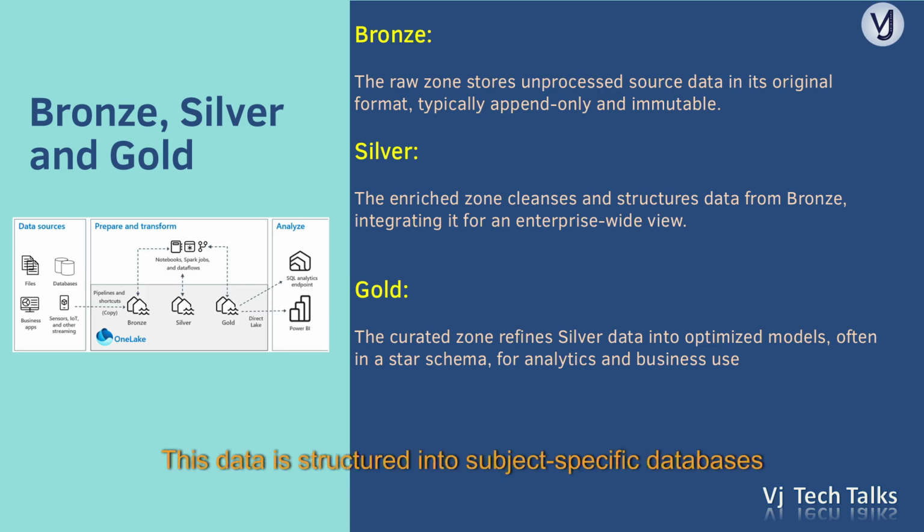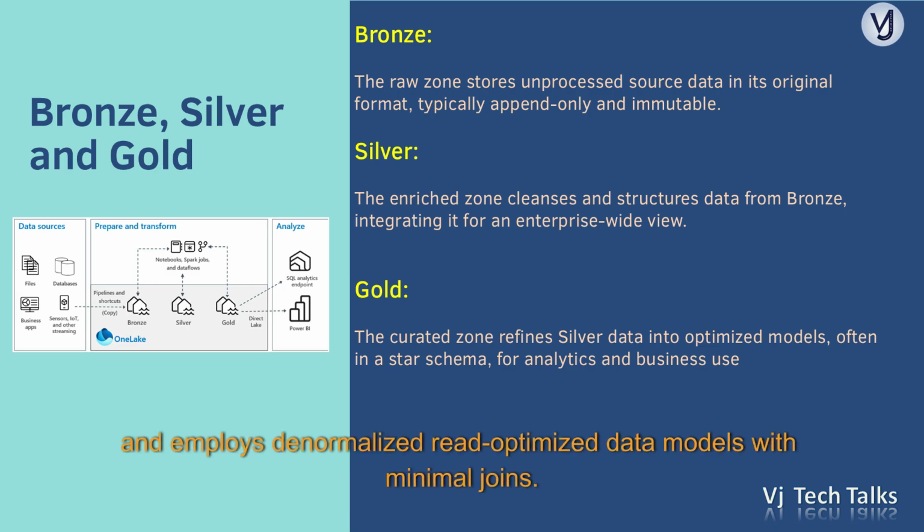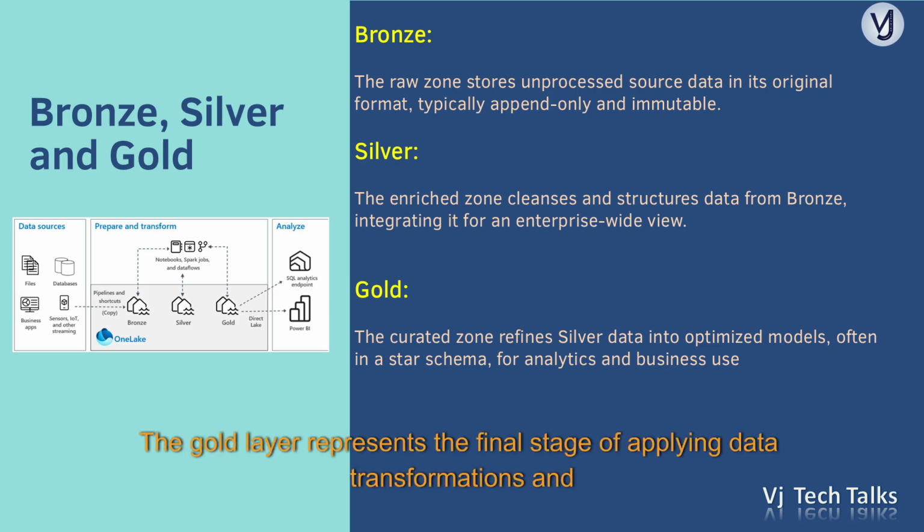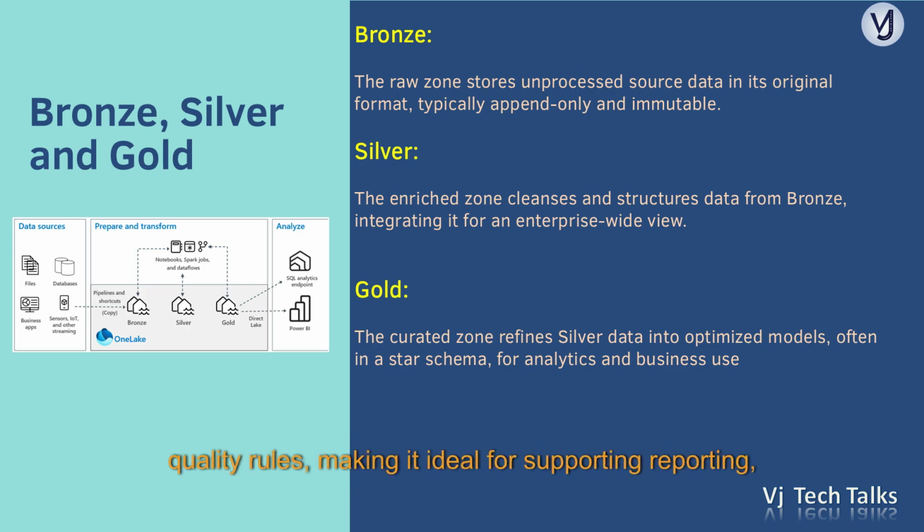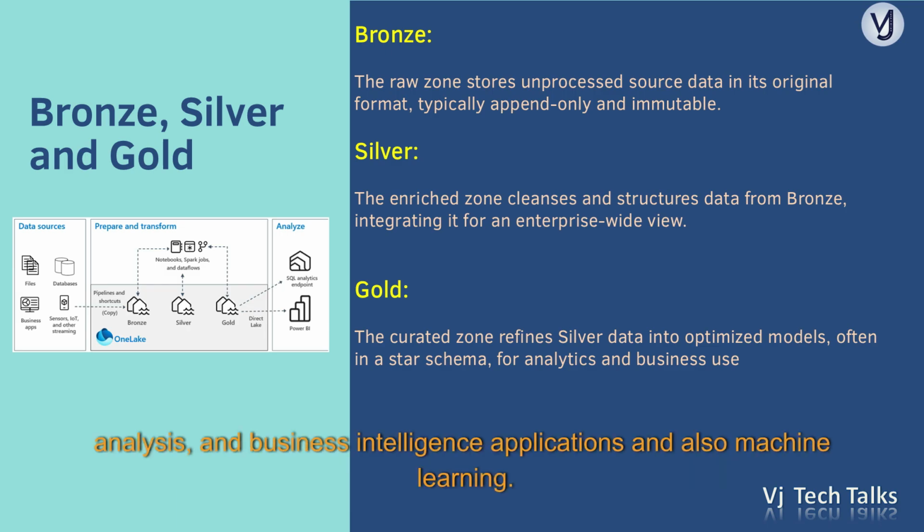This data is structured into subject-specific databases and employs denormalized, read-optimized data models with minimal joins. The gold layer represents the final stage of applying data transformations and quality rules, making it ideal for supporting reporting, analysis, and business intelligence applications, and also machine learning.